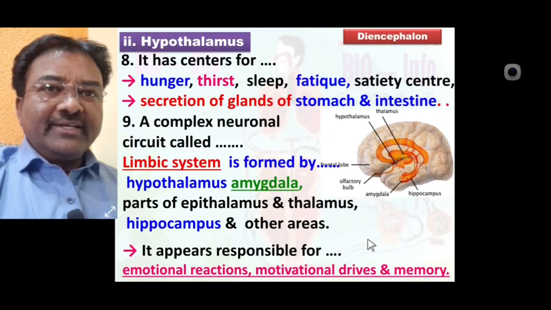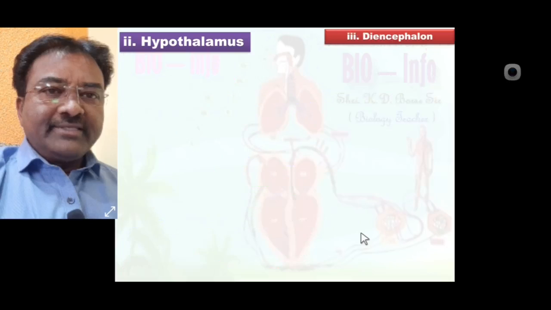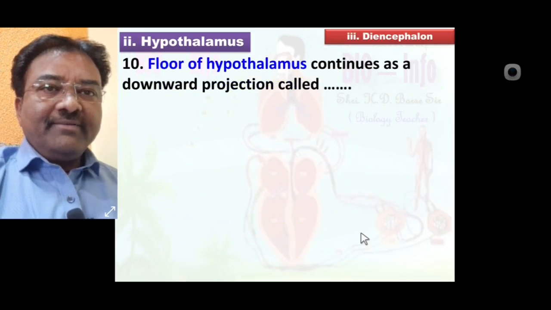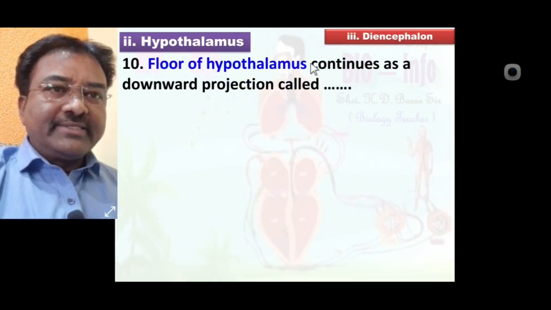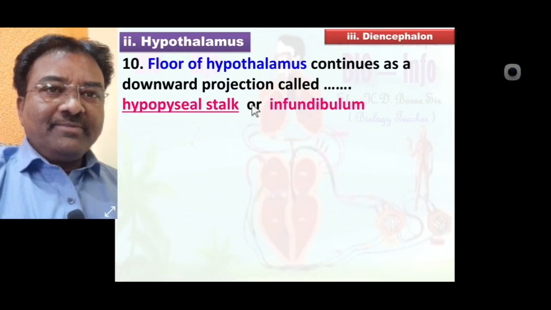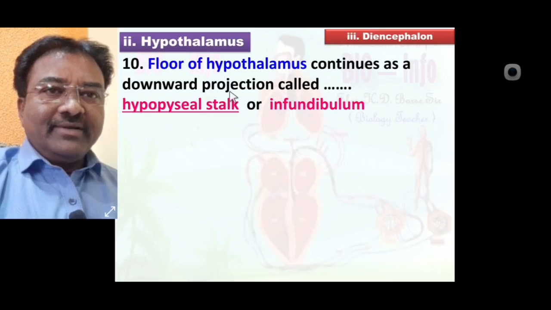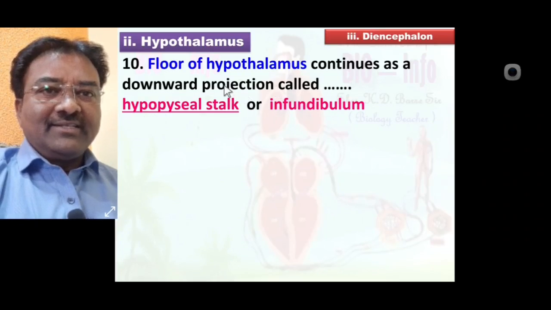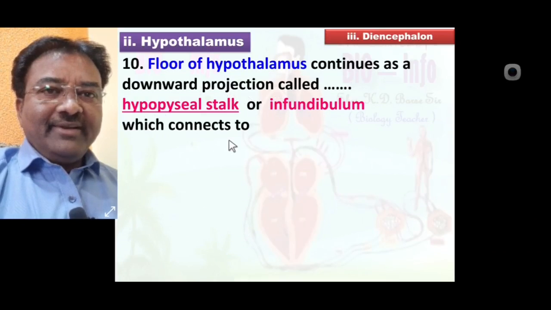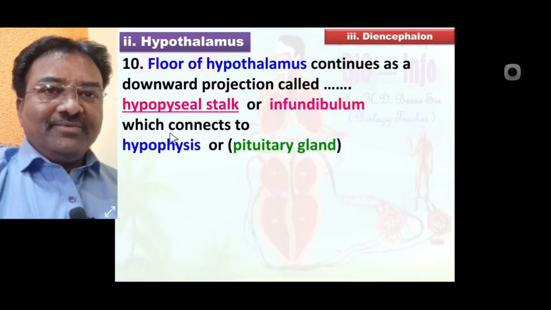Up to this we discussed in detail a total of 9 different characteristics of hypothalamus. Now we learn number 10. Floor of hypothalamus continues as a downward projection called hypophyseal stalk or infundibulum, which connects to the hypophysis or pituitary gland.